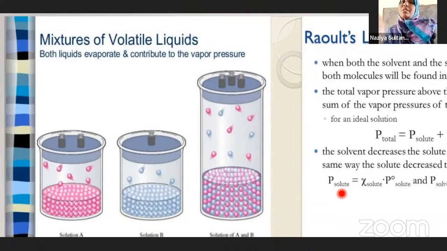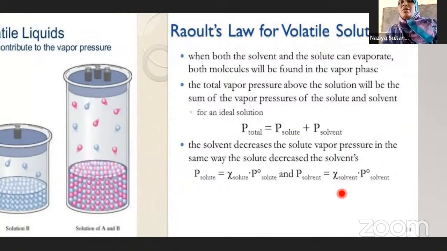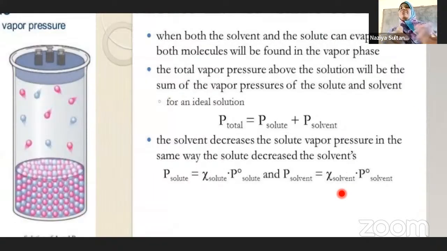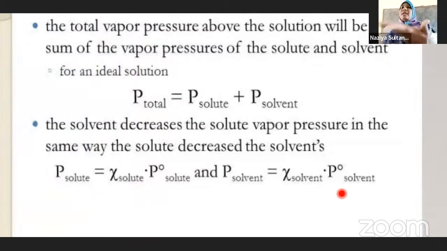Now the vapor pressure of the solution is because of both the liquids. So what can we say? The pressure is because of the solute as well as the solvent. Let liquid A be the solute, and the other liquid would be the solvent. Because of both the liquids, we are going to see the vapor pressure. And how can we calculate it? The pressure because of an individual liquid is called partial pressure.